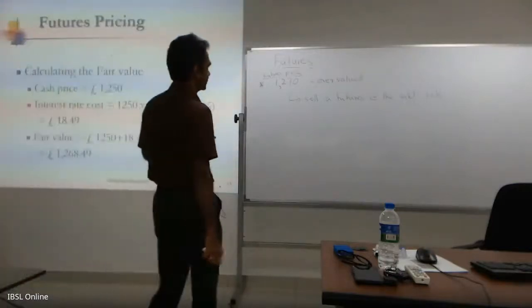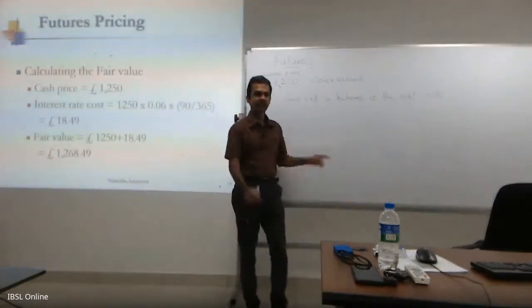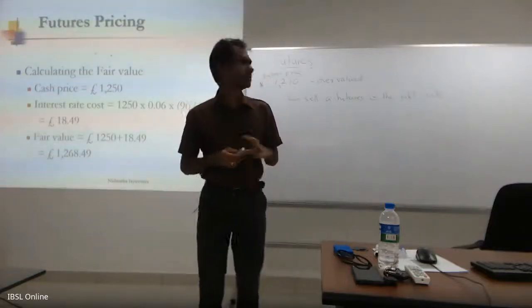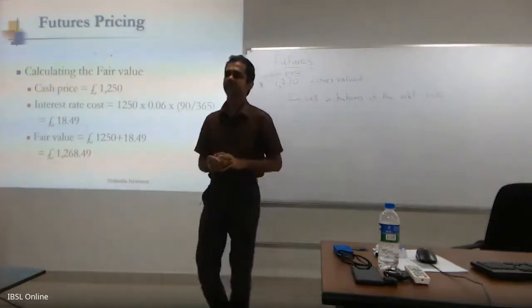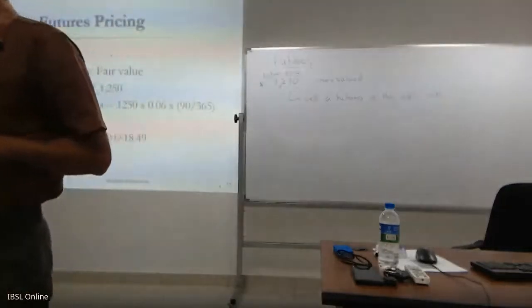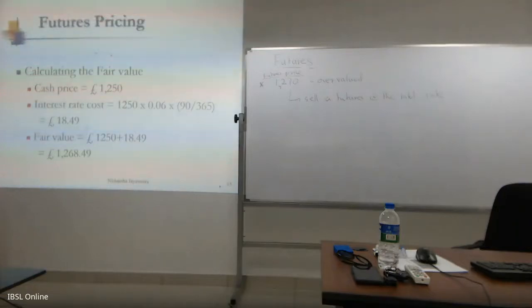You have entered into a contract to sell the underlying in 90 days. According to this contract, what is your obligation? You have to deliver the underlying in 90 days' time.